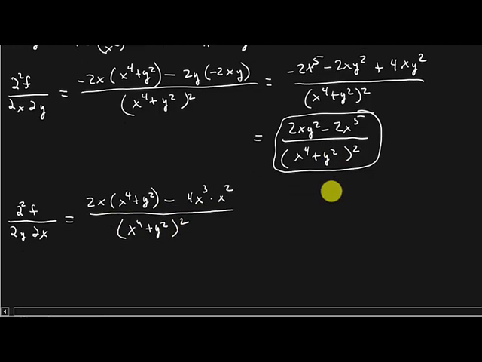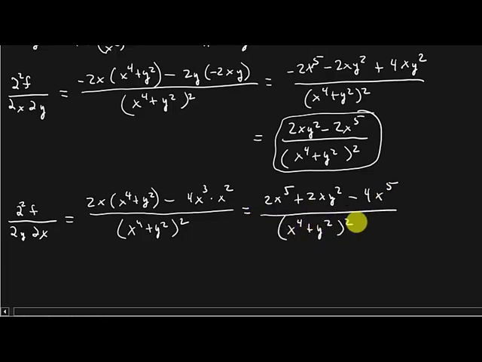And then we need to simplify this. So that's going to be 2x to the 5th plus 2xy squared minus 4x to the 5th over x to the 4th plus y squared, squared.